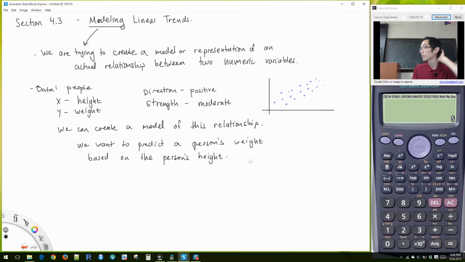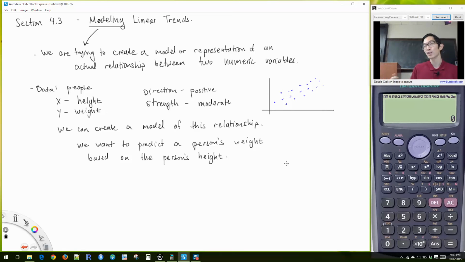Of course our predictions won't be super accurate or precise, but if I tell you somebody is 5 feet tall, your prediction would be different than if I told you another person is 6 feet tall.